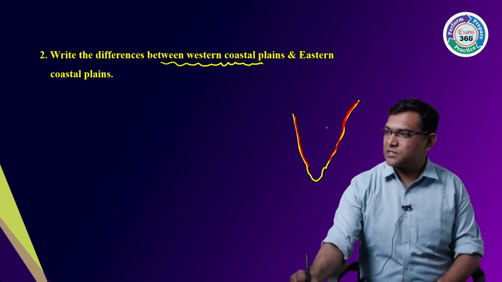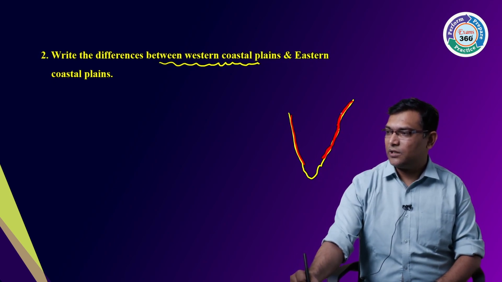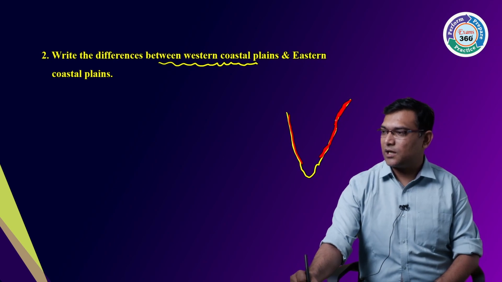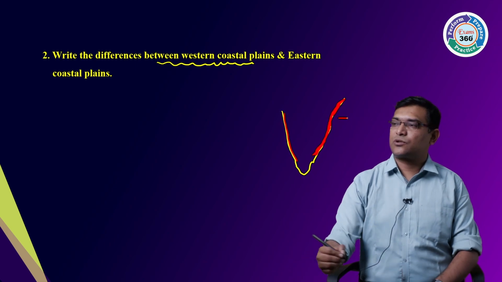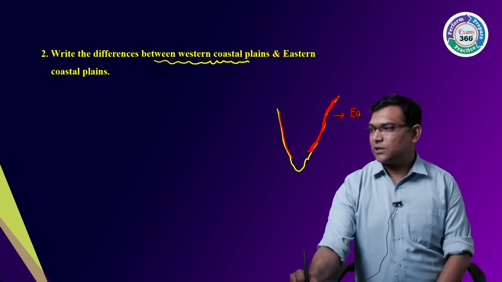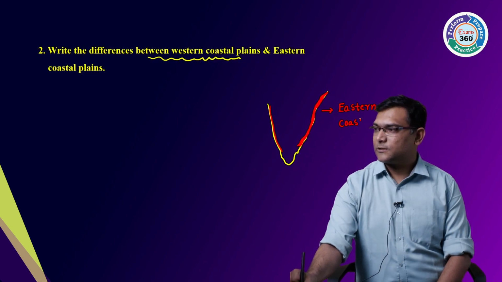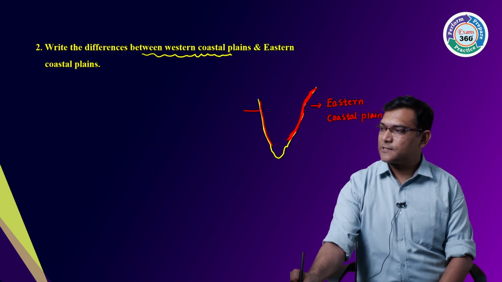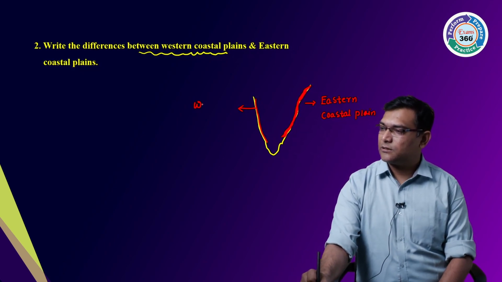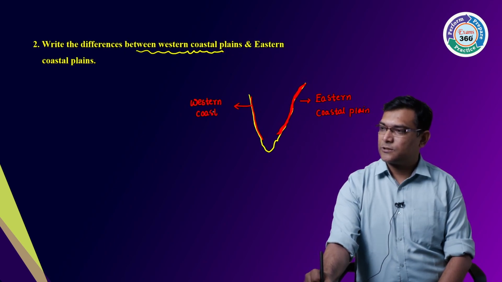West coastal plains, Gujarat, all these areas, Malabar coast, etc., and Tamil Nadu coast, Andhra Pradesh coast, Odisha coast, etc. These are your east coastal plains. So these are eastern coastal plains, and these are western coastal plains.